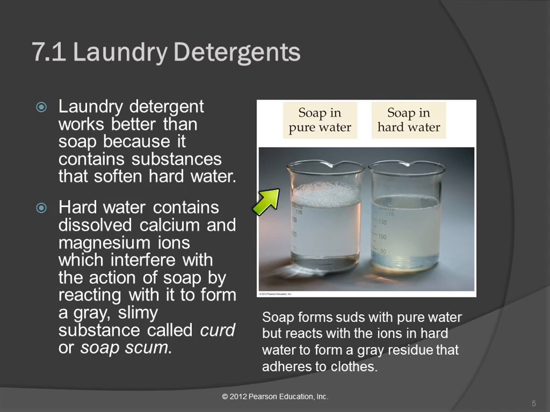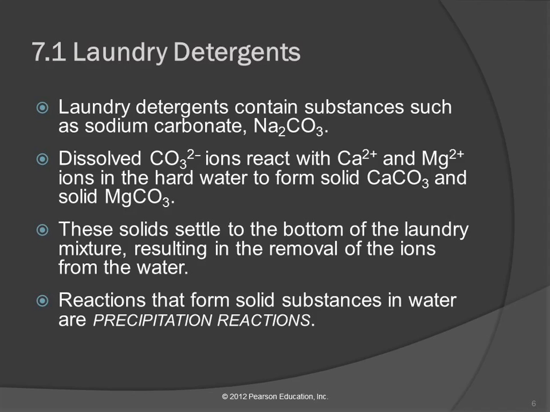To get soapy suds in hard water, you have to use a lot more soap than in soft water, because the soap is combining and forming that soap scum in the hard water. Detergents are better in hard water because they contain substances like sodium carbonate, also known as washing soda.